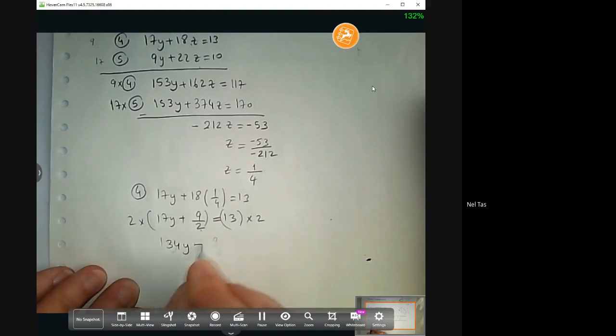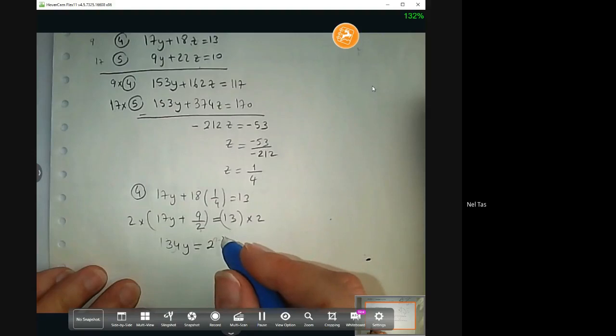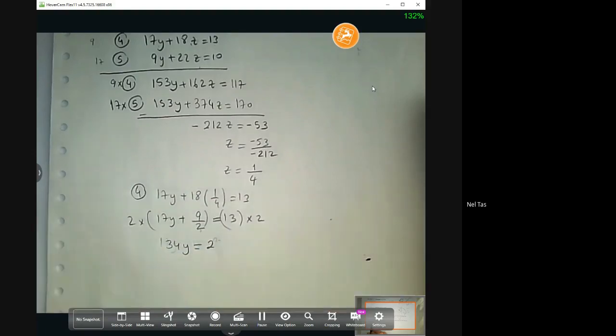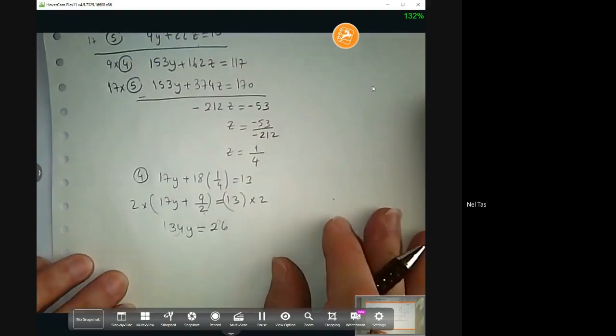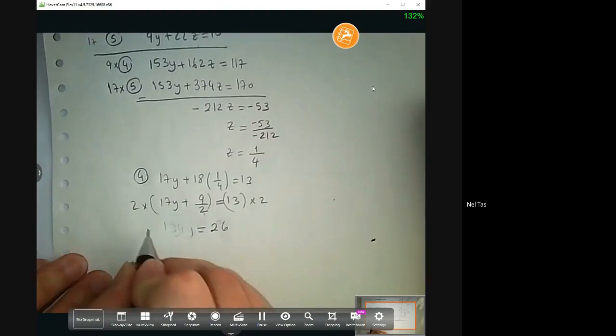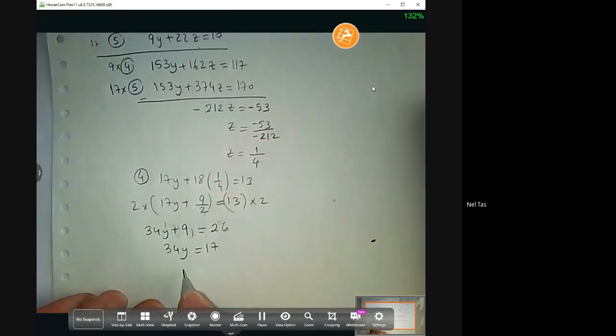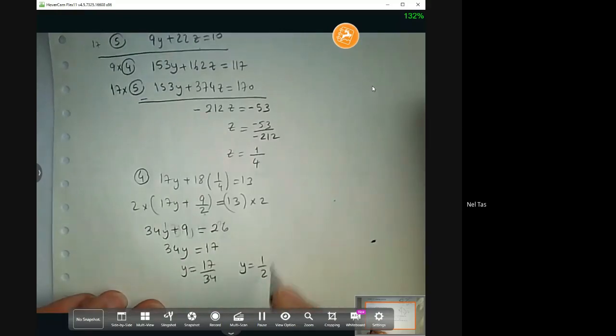So 34y plus 9 equals 26. So move the 9 to the right side. That will give you 17. So y equals 17 over 34, which is 1 over 2.